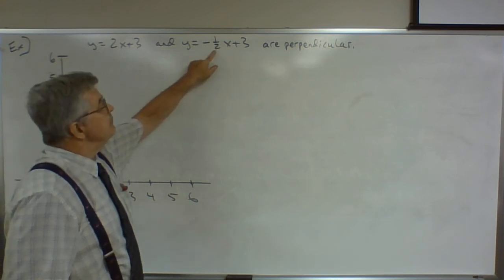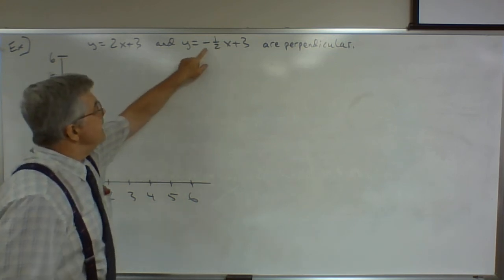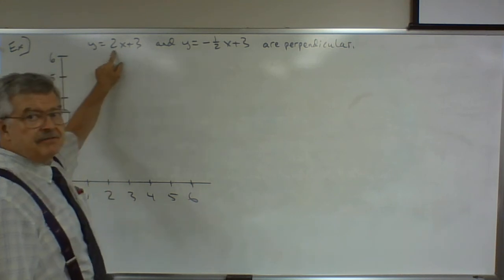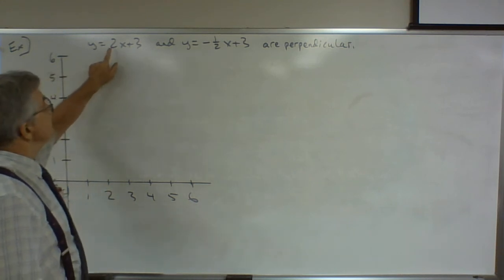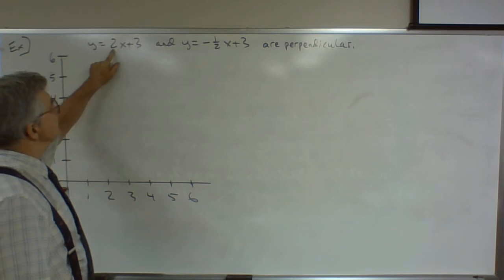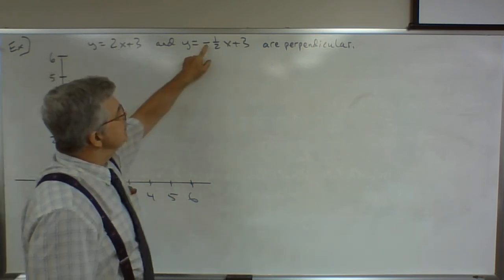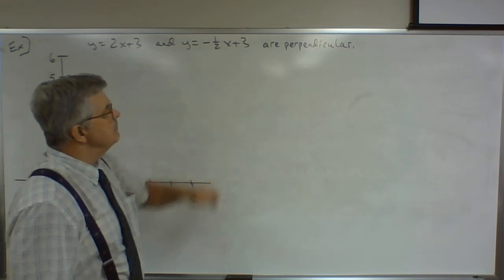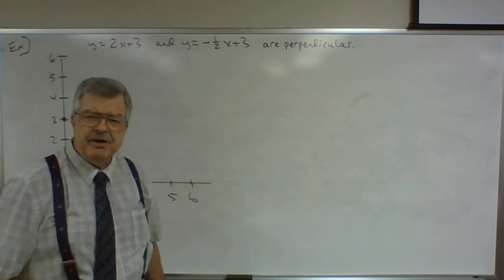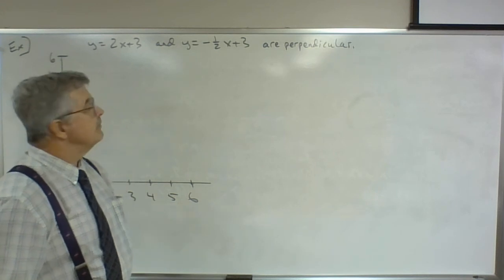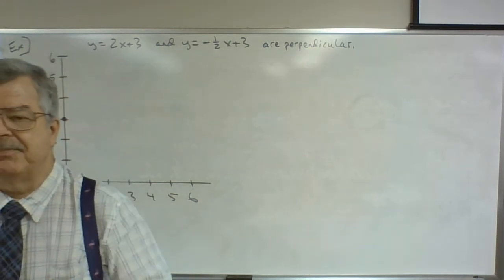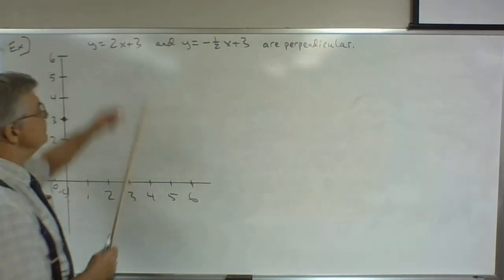The slope of this line is the negative reciprocal of the slope of that line. Take the reciprocal of this slope, it's 1/2, and then multiply it by negative 1, and you get the slope of this line. And I claim that they're perpendicular. So let's see.